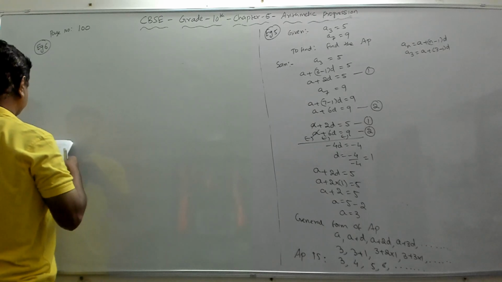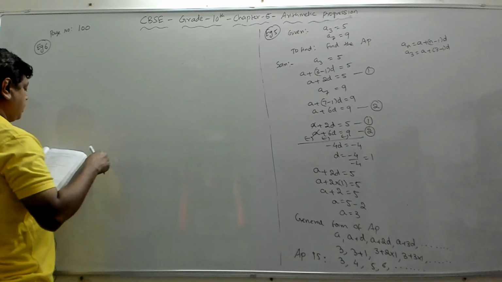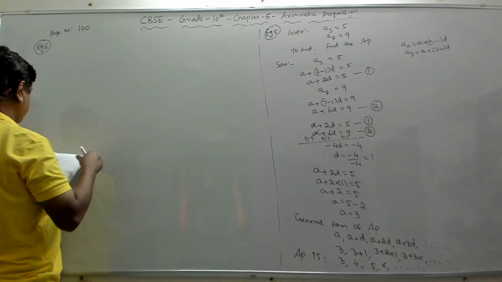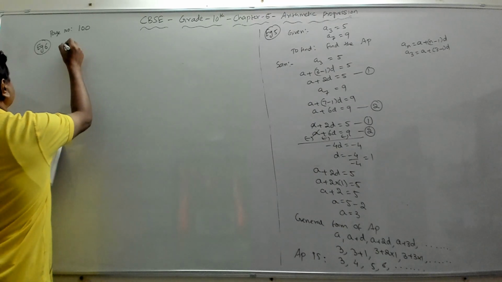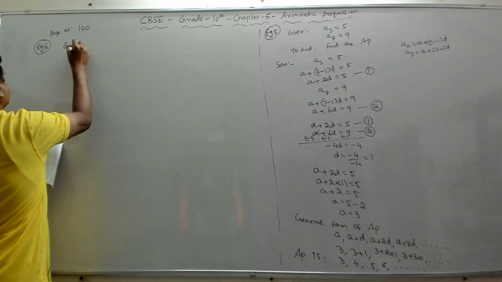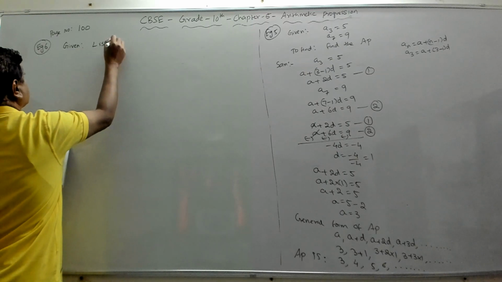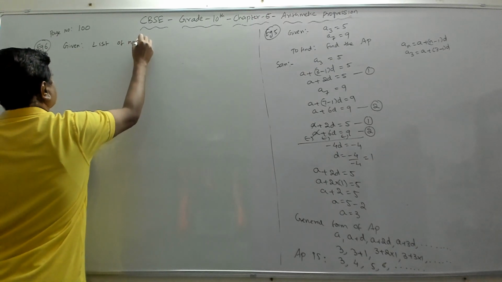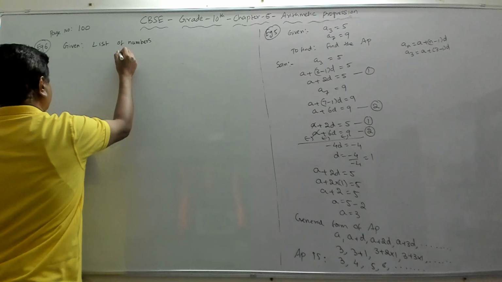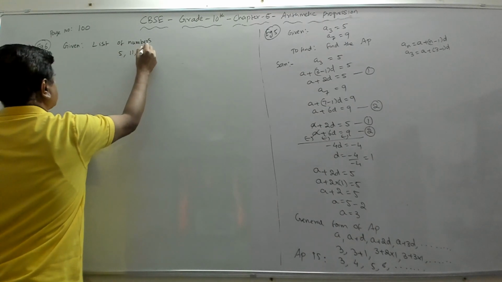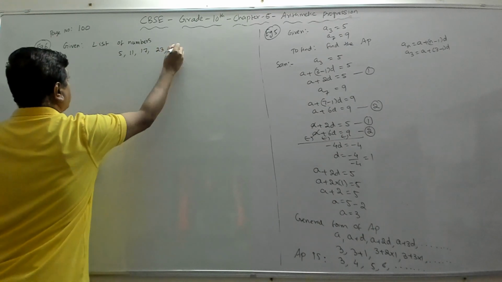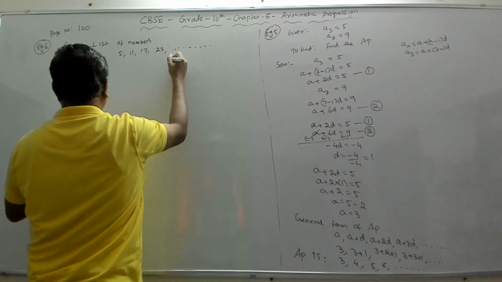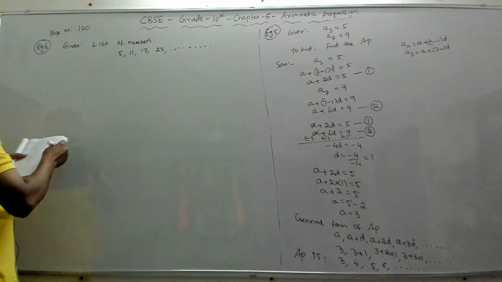So given is a list of numbers. They are not saying given is an AP. The list of numbers is 5, 11, 17, 23, dot, dot, dot. We have to check whether 301 is a term of this.